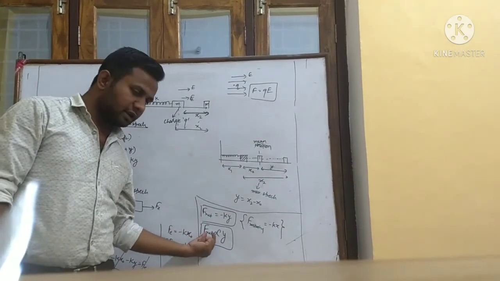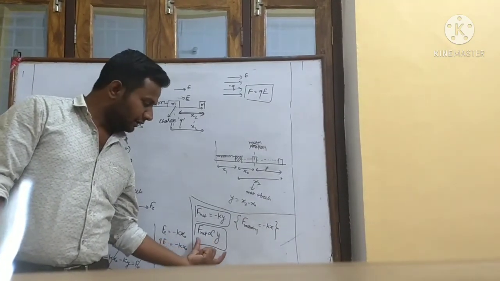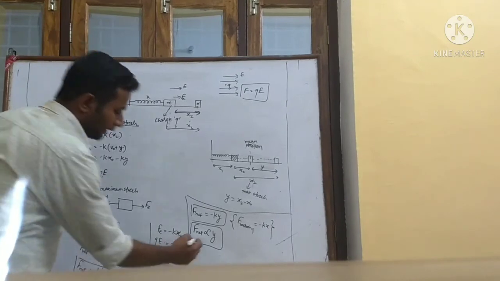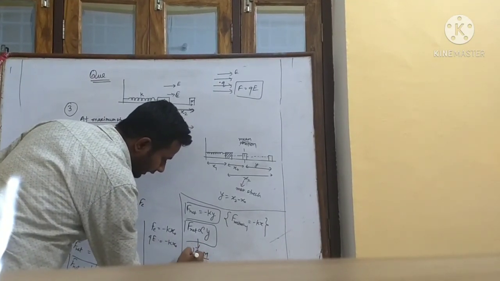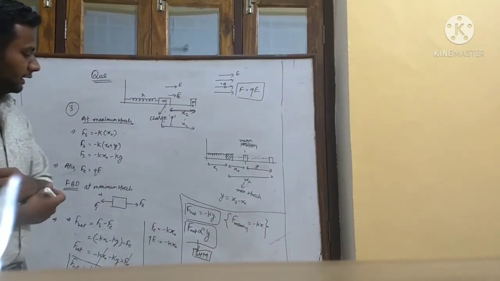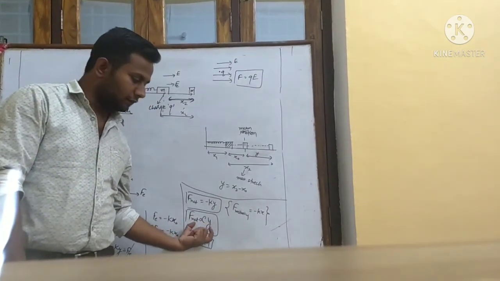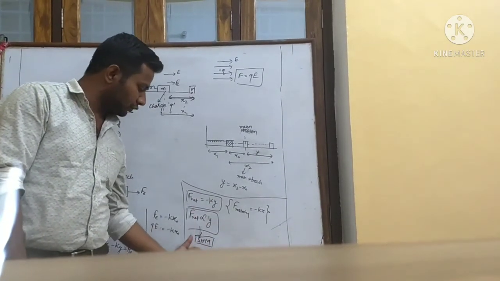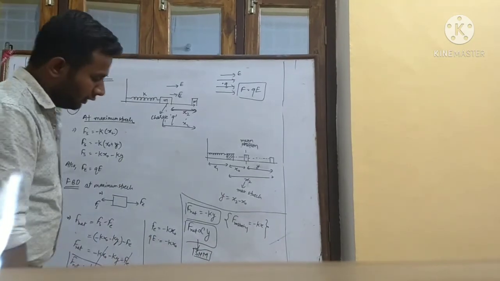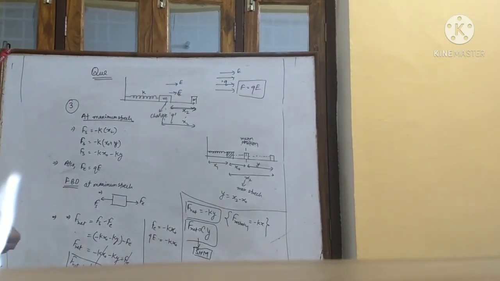So this F net is a restoring force and is proportional to displacement. Okay, so definitely this motion is SHM. This is the basic and necessary condition for SHM. If the restoring force is proportional to displacement, definitely that motion will be SHM. Okay, we have proved that this motion is SHM.